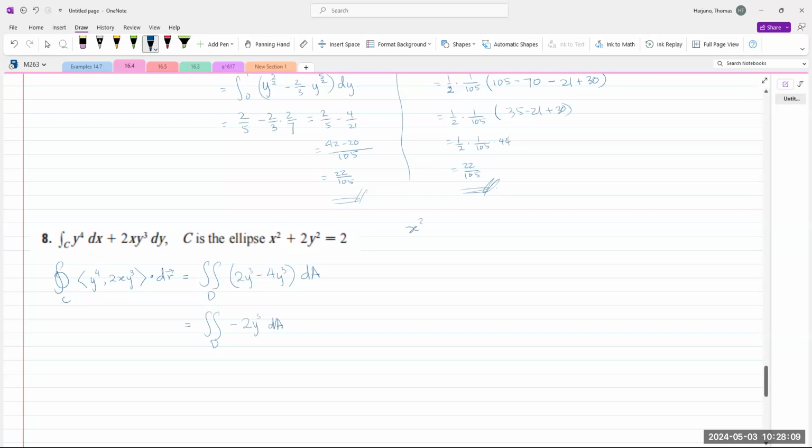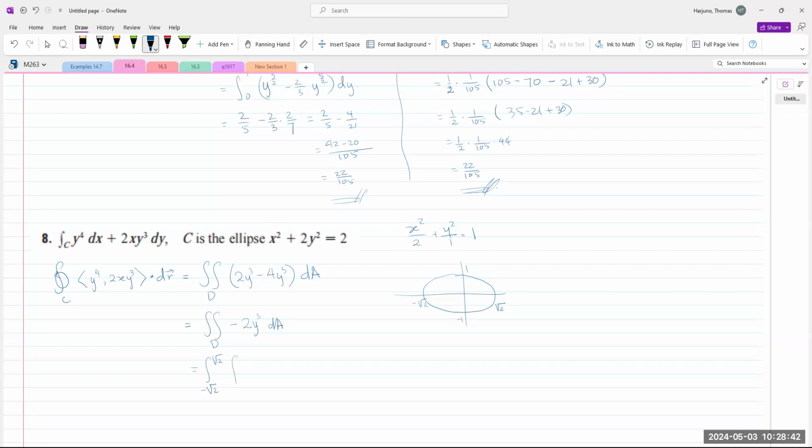This is x squared over 2 plus y squared over 1 equals 1. So it looks like this. Oh, but this is an odd function, huh? Right? Let's see. This is the integral from negative radical 2 to radical 2, right?